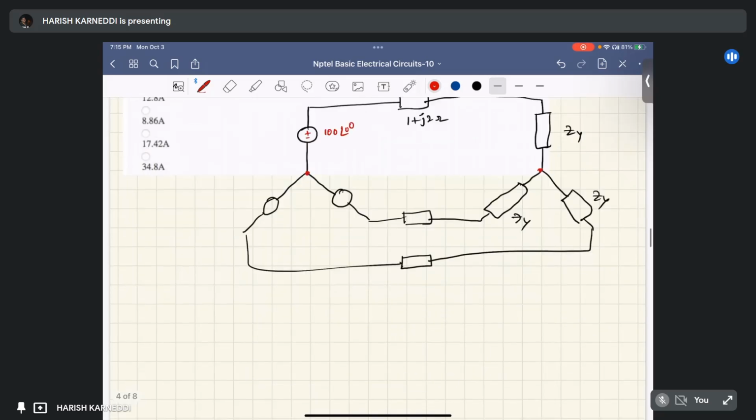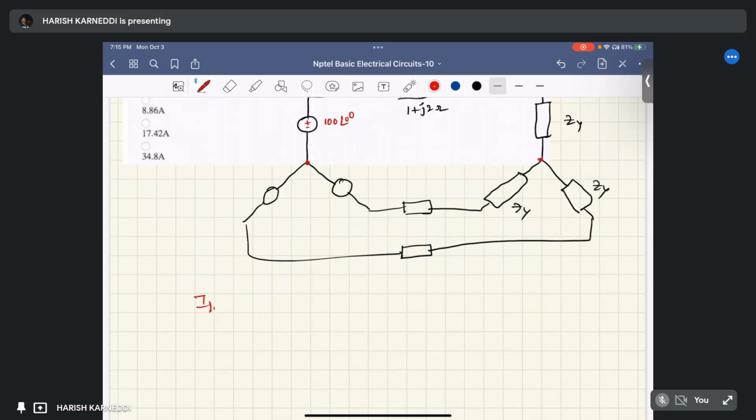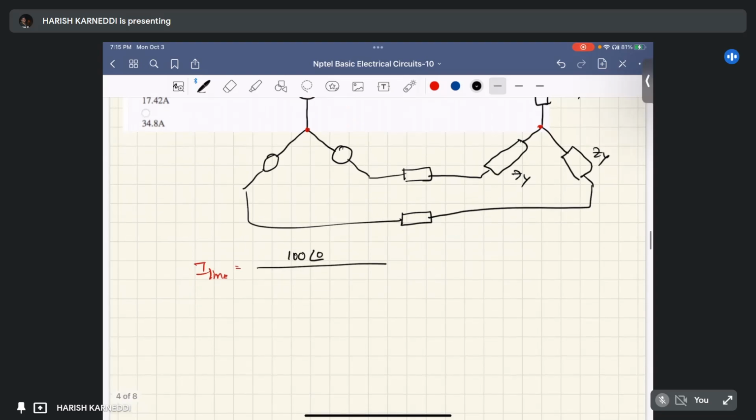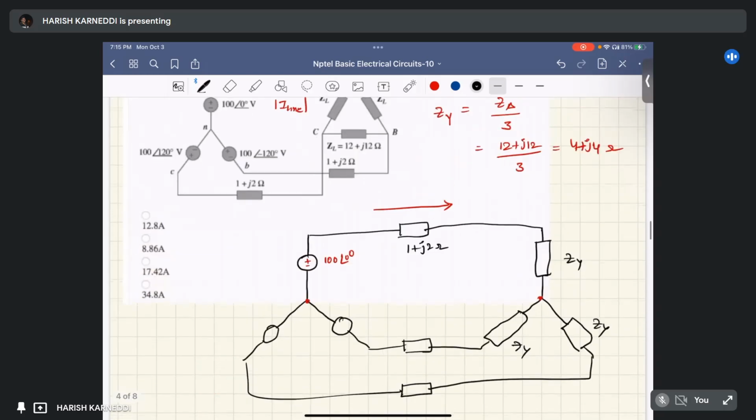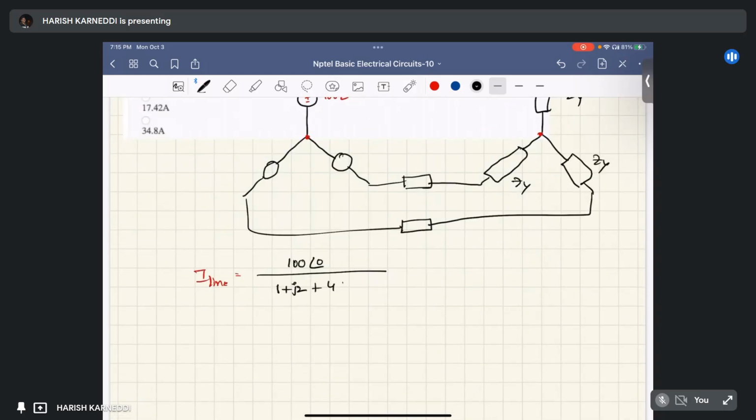So we can simply find I line equal to, from Ohm's law, voltage divided by total impedance. What is the total impedance? It is Z line 1 plus j2 ohm plus Z star. Z star is 4 plus j4, right? Equal to 5 plus j6, which equal to 100 at an angle of 0 by 5 plus j6.